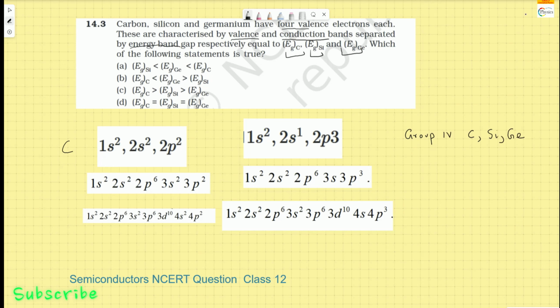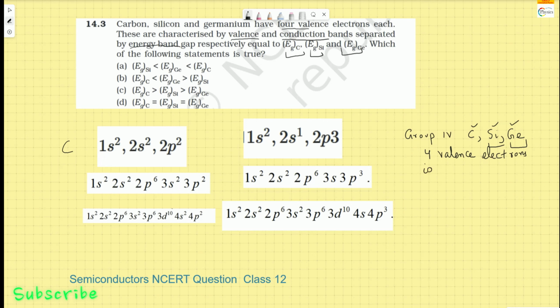These are the most versatile semiconductors you see in nature, especially these two. The number of valence electrons they have is 4.